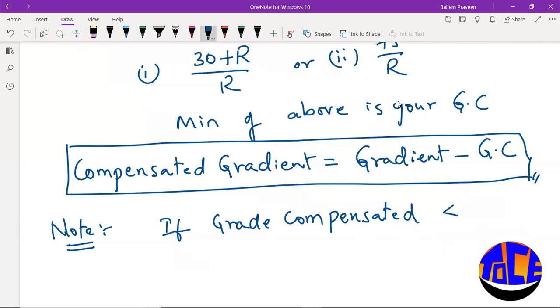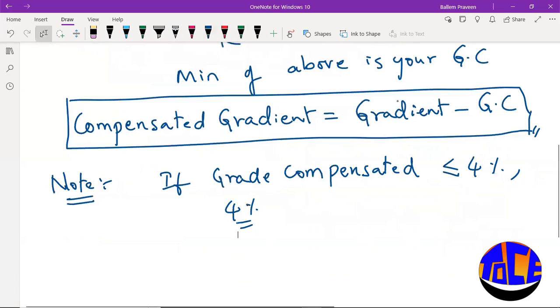If it is less than or equal to 4%, you have to provide the 4%. That is what it means; simply, the compensated gradient should not be less than 4%.